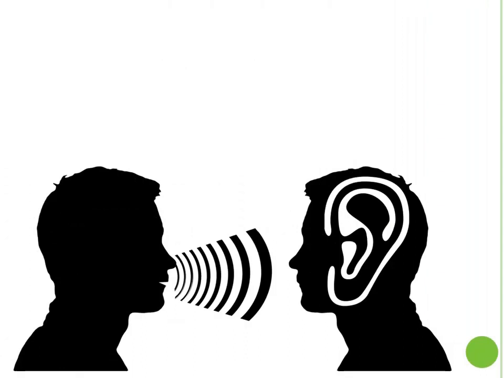Now look at this picture. What do you see? You can see there is a speaker and the waves of his voice are reaching the other person who is listening attentively. What do you learn from this?